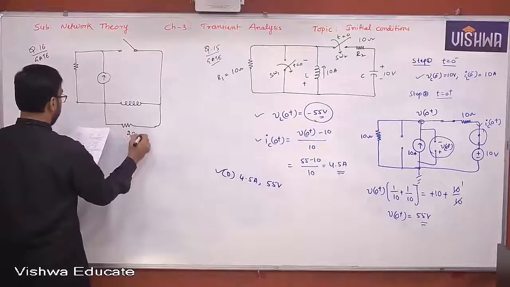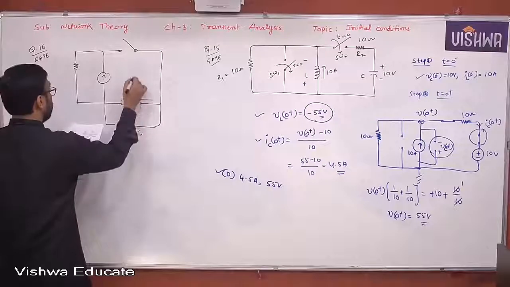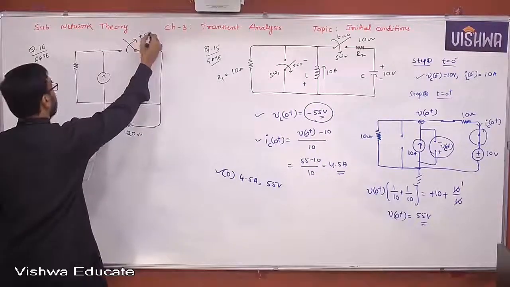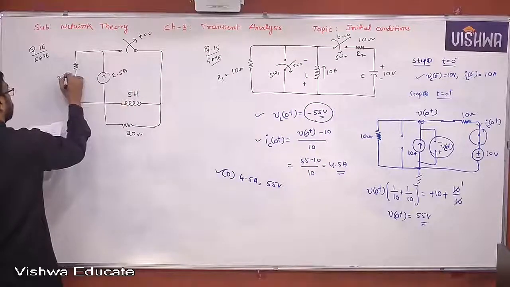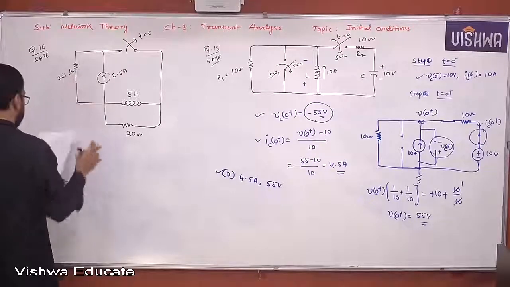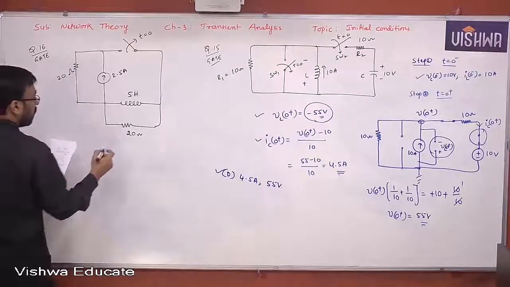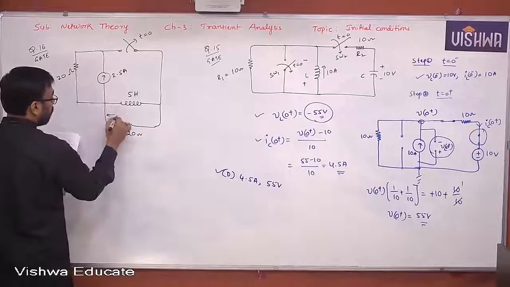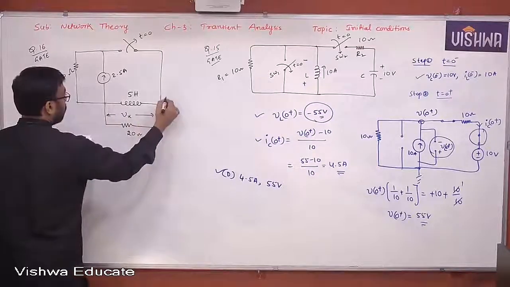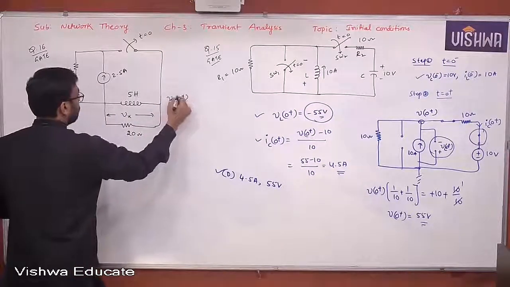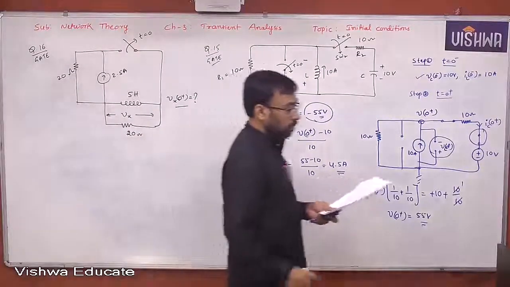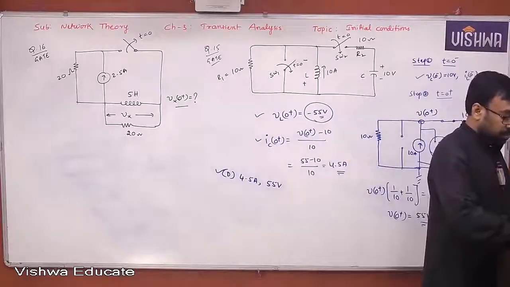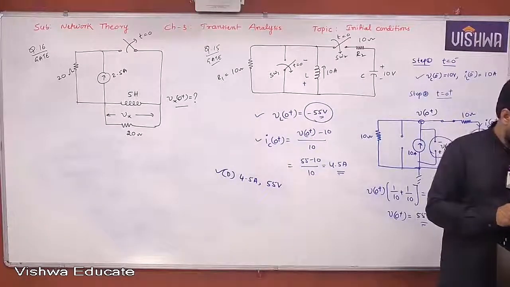Twenty ohm, 5 Henry, switch is opened at T equal to 0, 2.5 ampere, 20 volts, 20 ohm. It's a very simple network. It is also a very simple problem. It's just asking what is Vx of 0 plus.